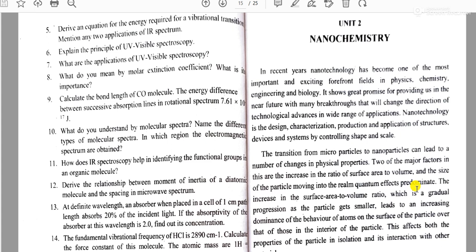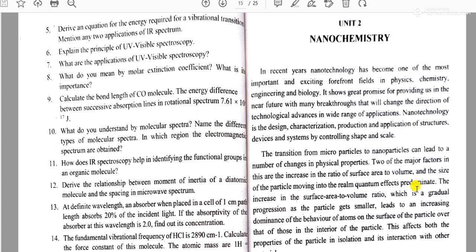First is the increase in the ratio of surface area to volume. And second is the quantum confinement effect, that is, the confinement of charge carriers within the nanomaterials.